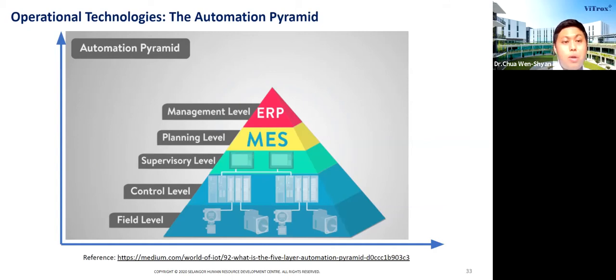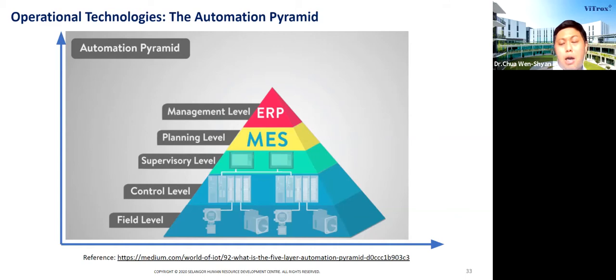So you start from the field level, and then you go up to the control level, the supervisory level, your manufacturing execution system, which is your MES, and then of course moving up to your ERP system, which is your enterprise resource planning. Most of the time, we do certain integrations, but we may have left out certain points of integration throughout our whole automation pyramid.